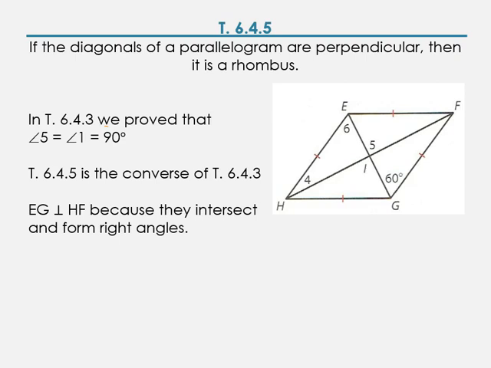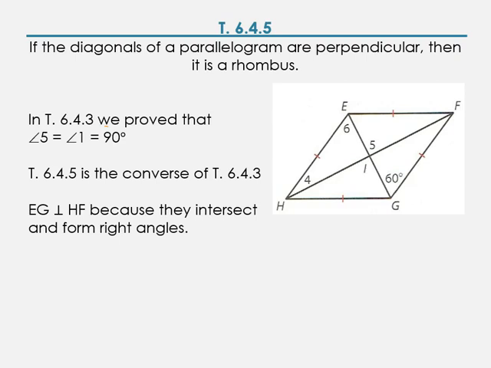Theorem 6.4.5, if the diagonals of a parallelogram are perpendicular, then it's a rhombus. So this is actually a converse of one of our other theorems, and we're starting with the diagonals first. So if the diagonals are perpendicular, then it's a rhombus. It would be up to us to prove that they were perpendicular.